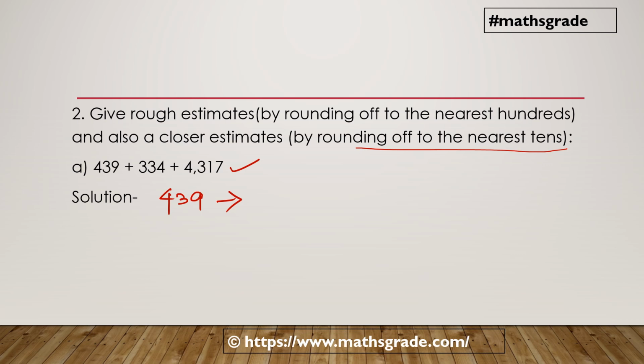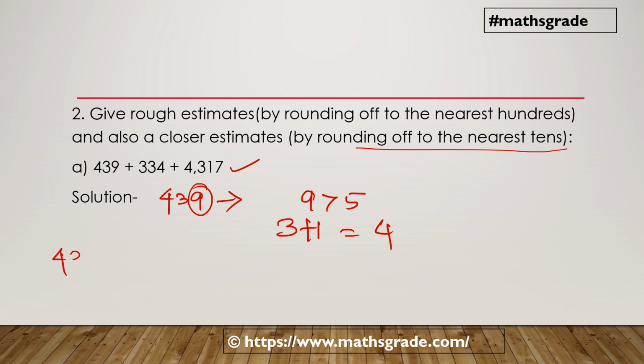When we round off to the nearest tens of any number, just look at the unit place digit. In unit place digit in 439, this is 9 and 9 is more than 5. So just add 1 to the tens place digit, that is 3 plus 1, 4, and write 0 in unit place digit.